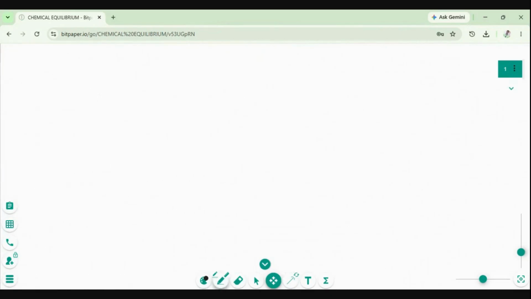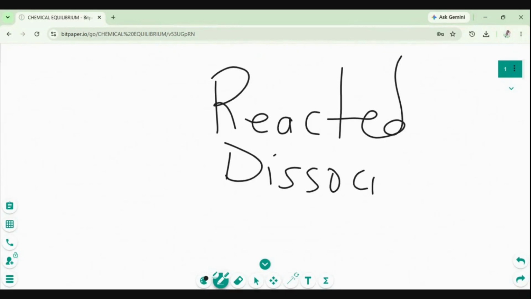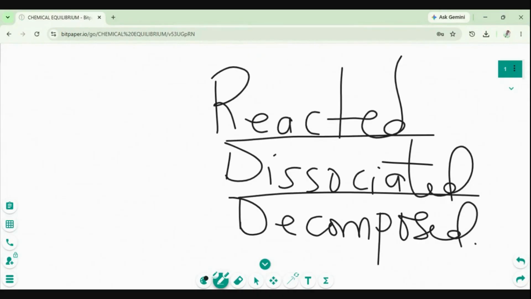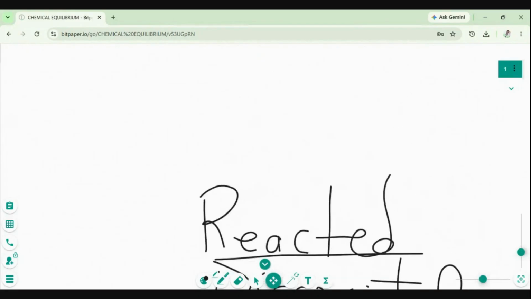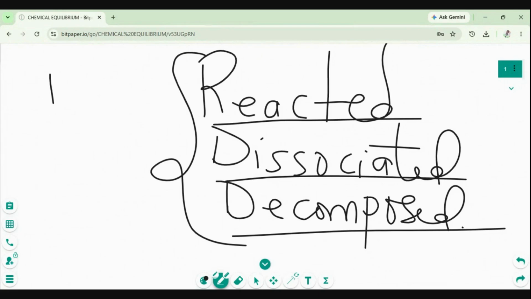Now, there is something we need to note here. Very importantly, a few words that we are going to use. Words like whenever you see reacted, dissociated, decomposed. All these three words in chemistry, they mean a similar thing. And they mean the disappearance of something.